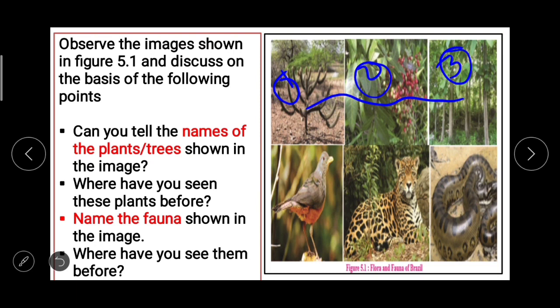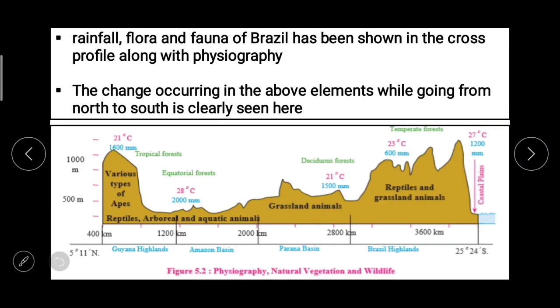So in vegetation we talk about plants, and when we use the word fauna it is related with the animals. So name the fauna shown in the image, this one, then 4, 5 and 6. And the same question again, where have you seen them before? So these are the questions based on figure 5.1.